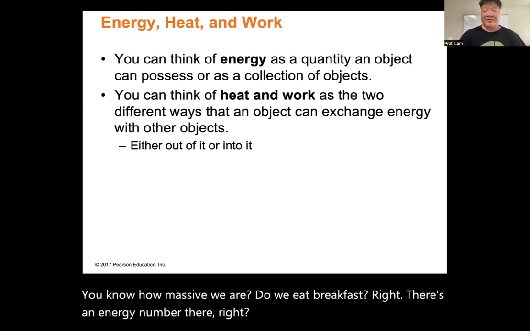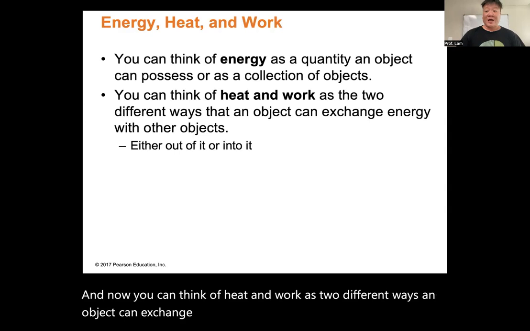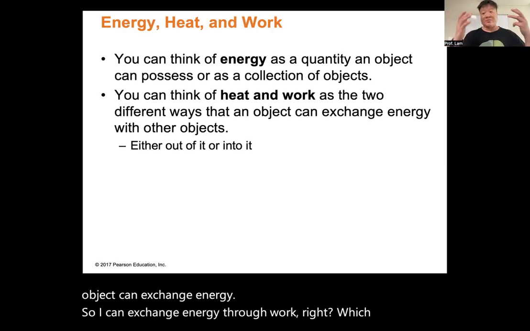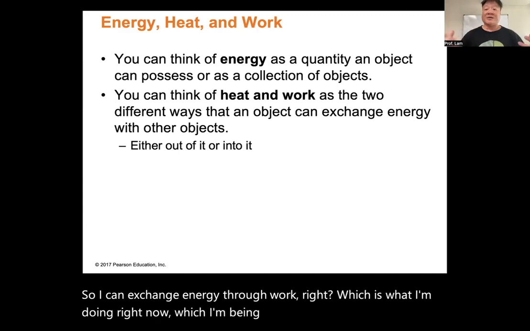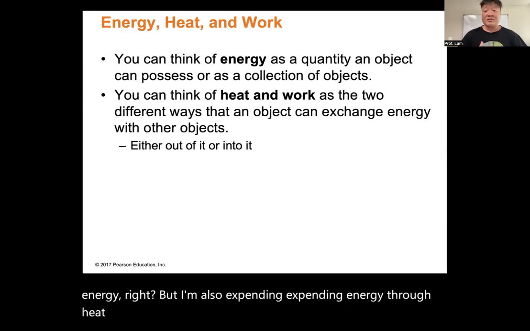Now you can think of heat and work as two different ways an object can exchange energy. I can exchange energy through work, which is what I'm doing right now, being animated and expending energy. But I'm also expending energy through heat. If you come and stand close to me, you can feel that I am giving off heat.